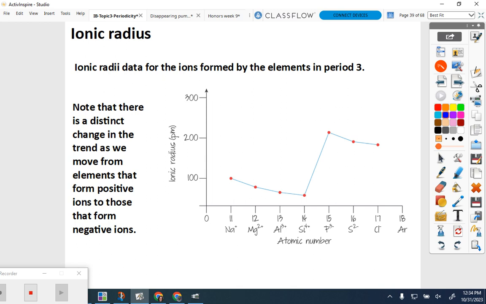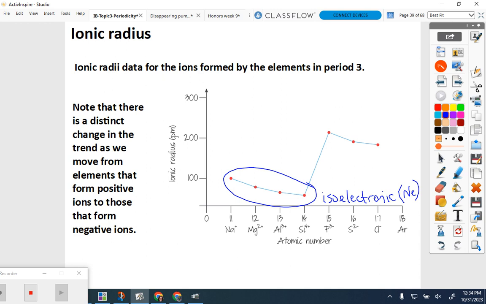And you can see that, like atomic radius, within the positively charged ions, we see a decrease, because these are all isoelectronic with each other. These are isoelectronic with neon.